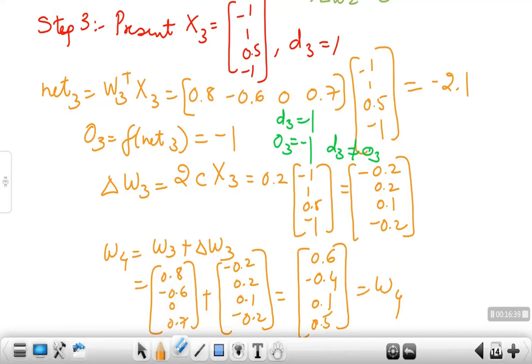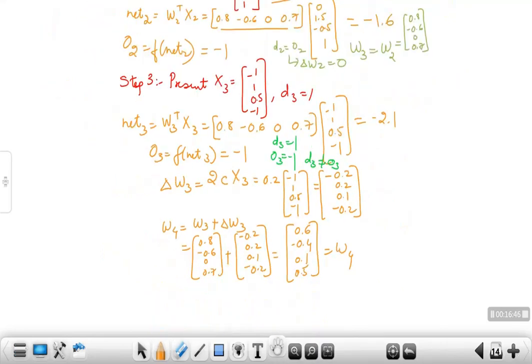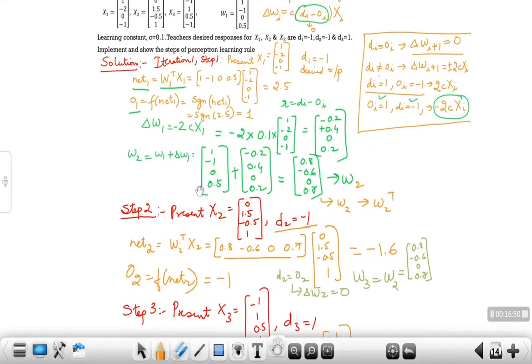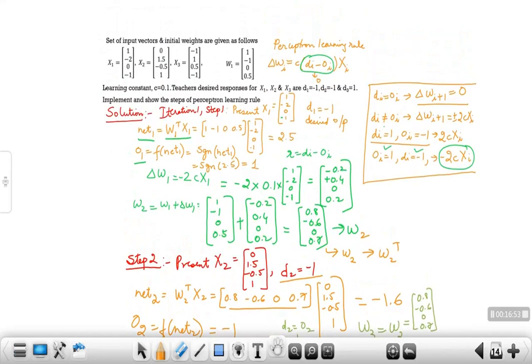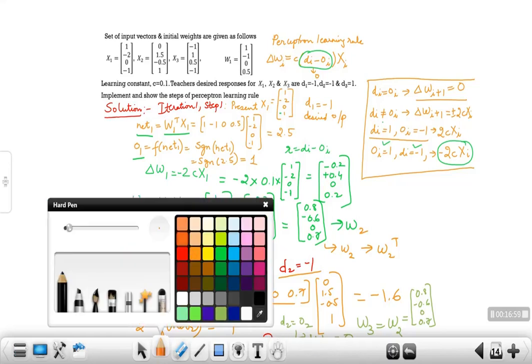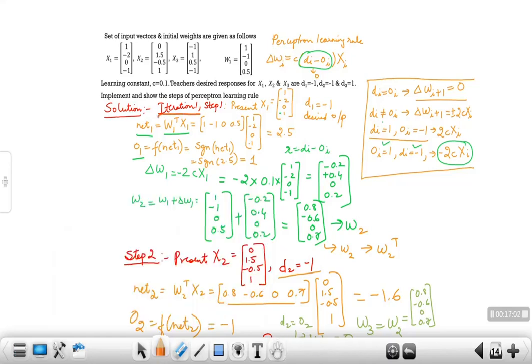W4 will be W3 plus delta W3. What is W3? 0.8, minus 0.6, 0, 0.7 plus delta W3. So this is 0.6, next will be minus 0.5, 0 and 0.9. So this is your W4.